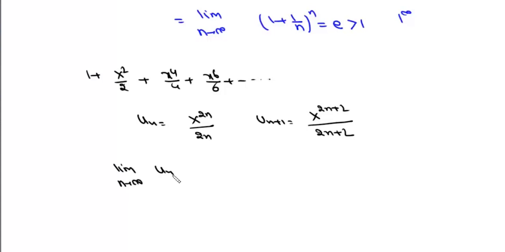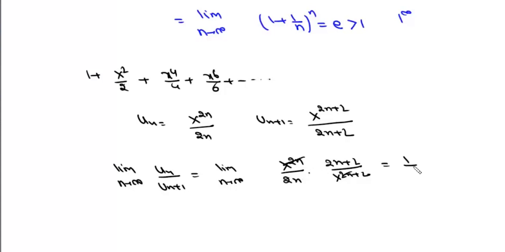Now we find this limit, n tends to infinite, un upon un plus 1. Now this is x to the power 2n upon 2n into 2n plus 2 and x to the power 2n plus 2. Now this x to the power 2n will cancel. Now here the coefficient of n is 2 and 2, so it will be 1. So the answer to this limit will be 1 upon x square.